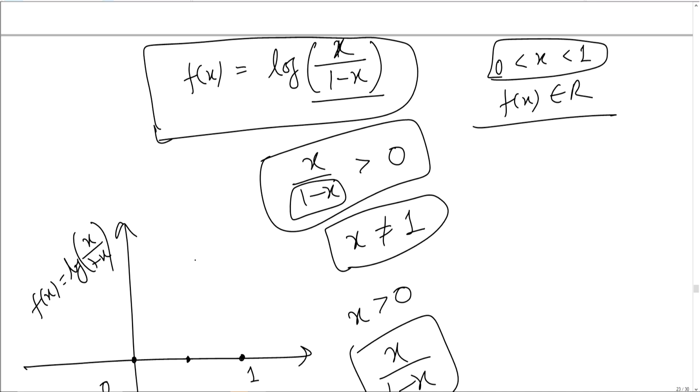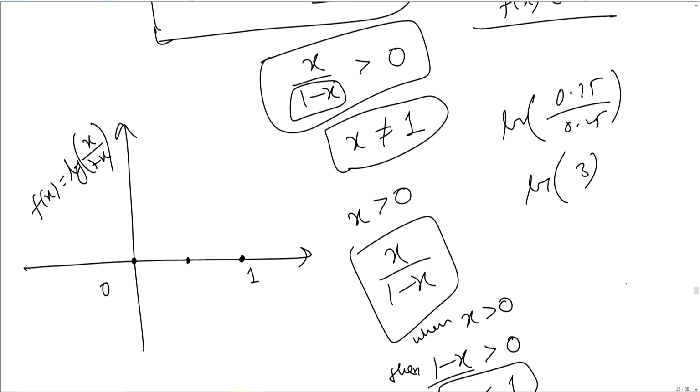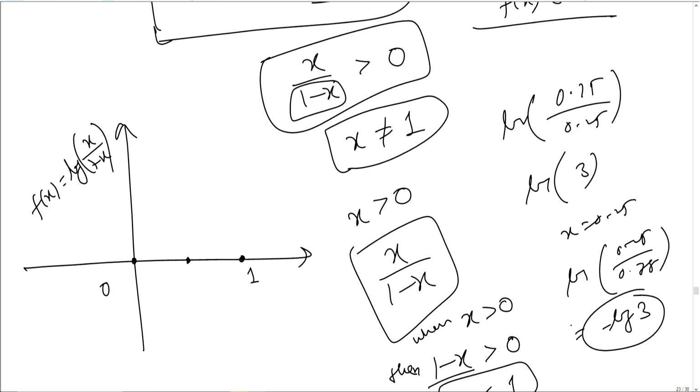At 0.75 in the numerator you have 0.75, in the denominator you would have 0.25, it is log of this, right. So, it would be log of 3, which would be a positive value, but if you take x equals 0.25, then it would be log of 0.25 by 0.75. So, it would be a negative value, and exactly the same negative value, minus log 3, as opposed to x equals 0.75. So, it would look something like this.